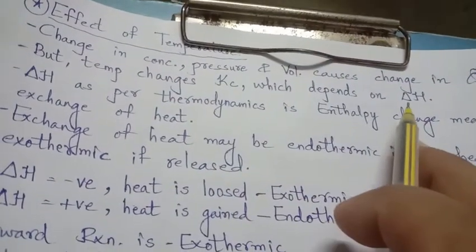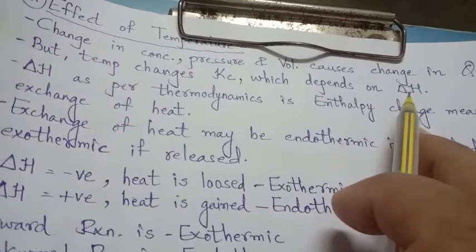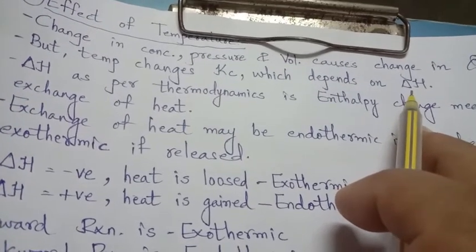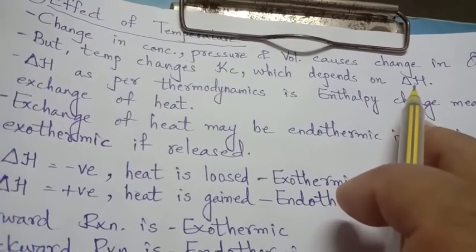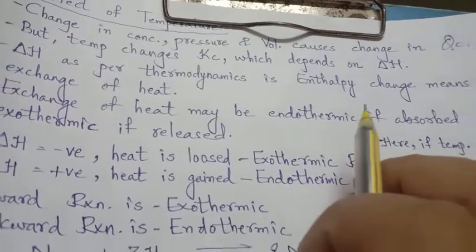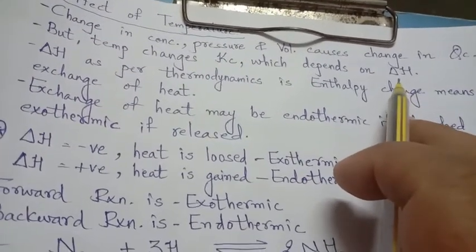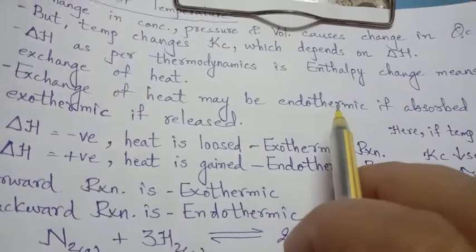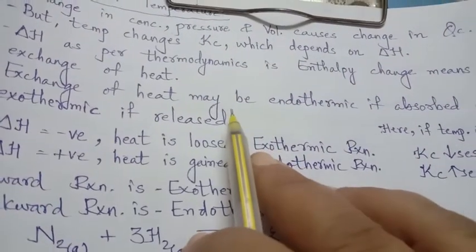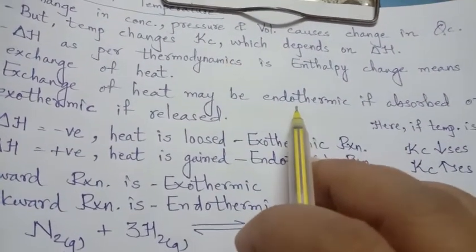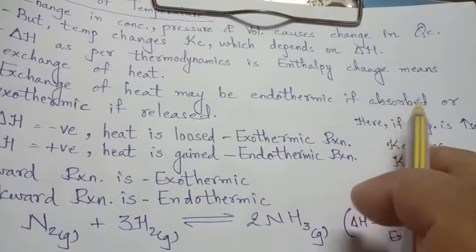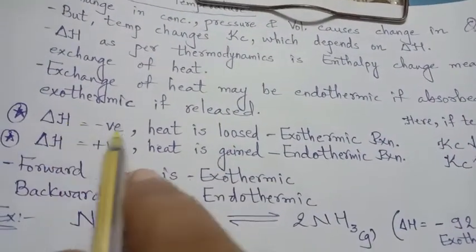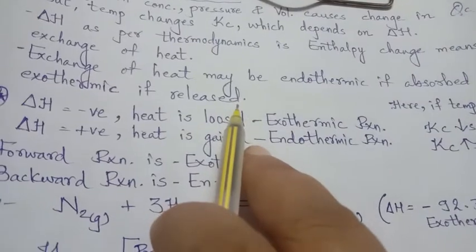Now, if you recall, we have learned about delta H, that is change in enthalpy, in the chapter thermodynamics. And change in enthalpy means exchange of the heat. If we consider exchange of the heat, then it may be endothermic if heat is absorbed, or exothermic if it is released.